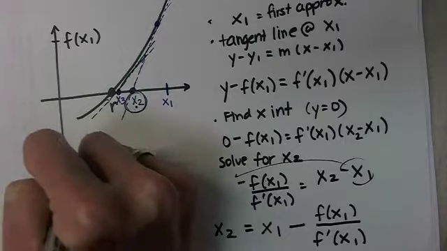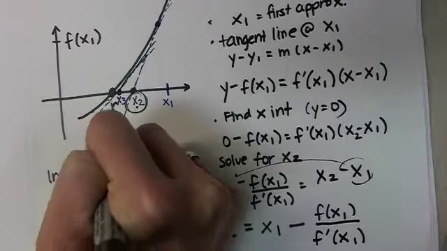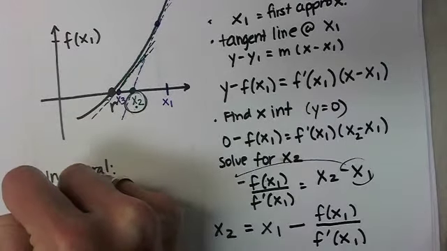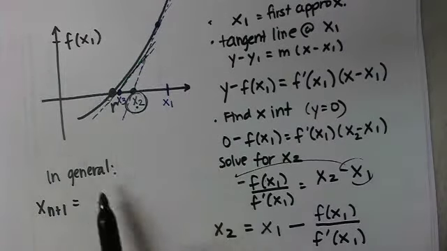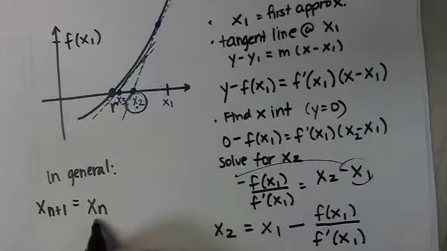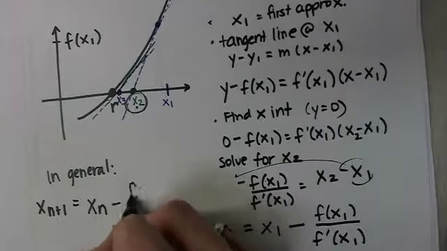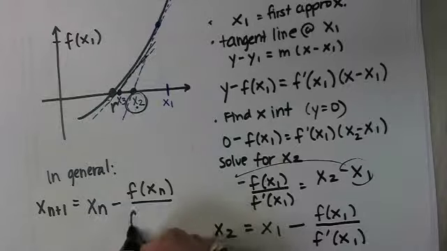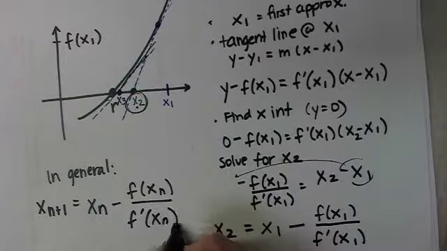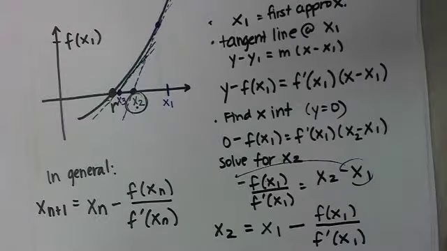So in general, x of n plus 1, the next best iteration, the next best x-intercept, is the previous guess minus the y value of the previous guess divided by the slope of the tangent line of the previous guess. And that's where Newton's formula comes from.